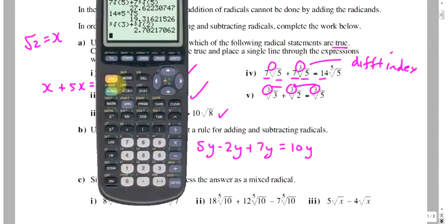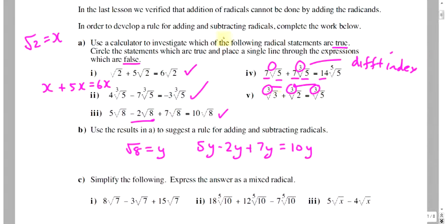That should be the cubed root of 5. Right? Wrong. What else isn't the same here? Radicand. Wow, what a cool word that is. Did I say you had to know it? Okay. That number is not the same.